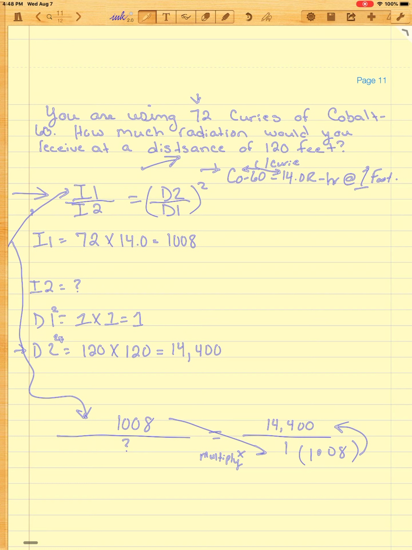That gives you an answer of 0.07 R per hour at 120 feet. So if you stood at that location for 1 hour, you would pick up 0.07 R per hour.